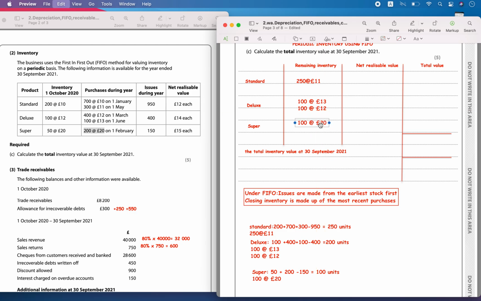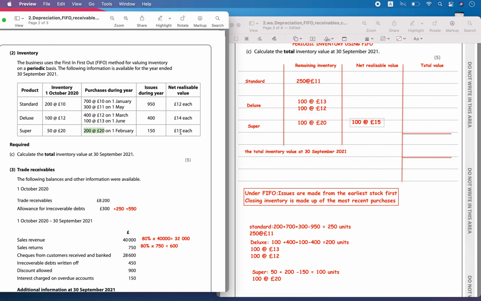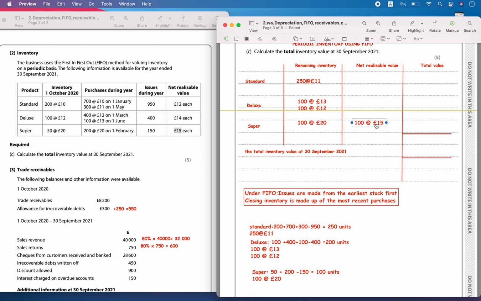So 100 at 20 should have been the remaining, but the net realizable value was only 15. So you will calculate the remaining inventory at 15 pounds. It is less than 20 pounds, so you will value at the NRV rate.